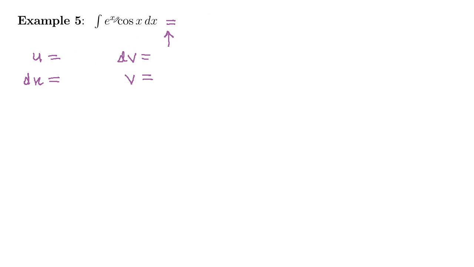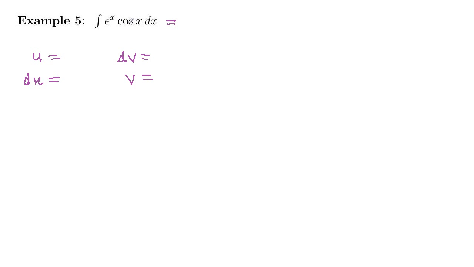Well, you differentiate e to the x, you get e to the x. Not simpler, but not harder. If you differentiate cosine, you get negative sine. That's about the same, not harder. And then you want to pick dv so it's easy to integrate. Well, the integral of e to the x is e to the x, and the integral of cosine is sine.